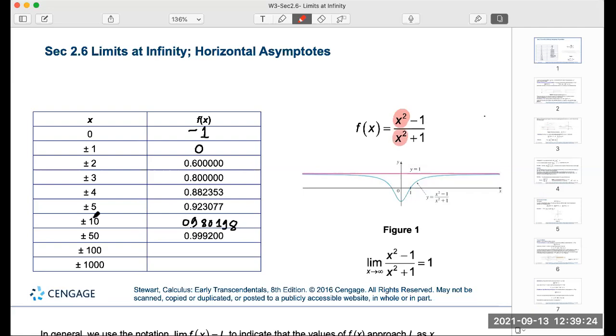X is squared. So +10 or -10 will give us the same value. And the same thing for plus and minus 1 and so on. How about at x is plus or minus 100?